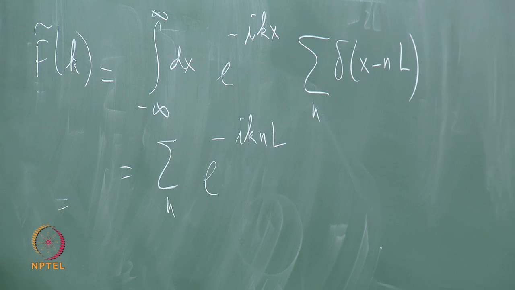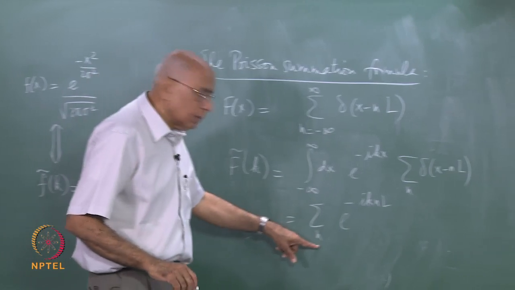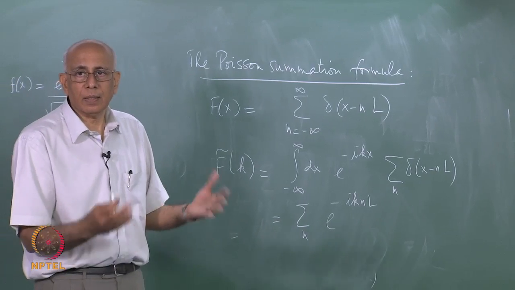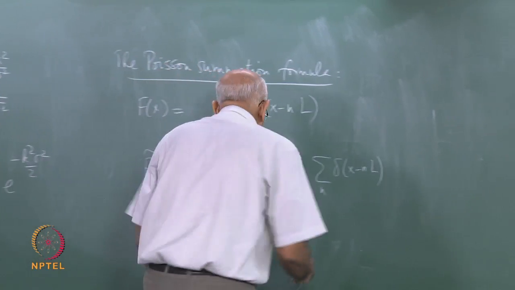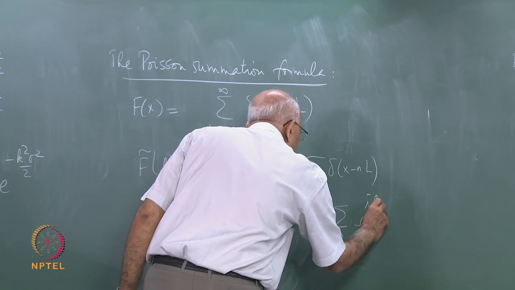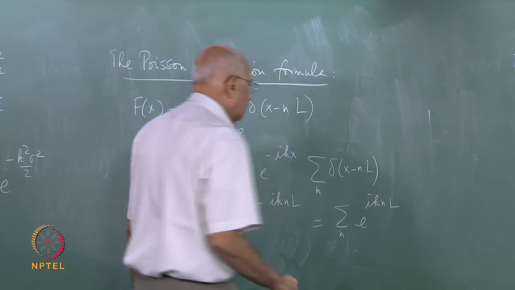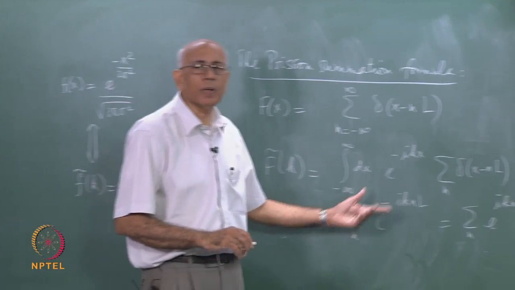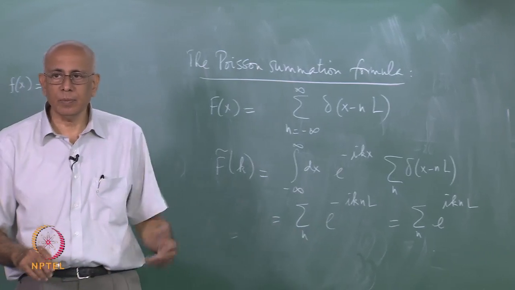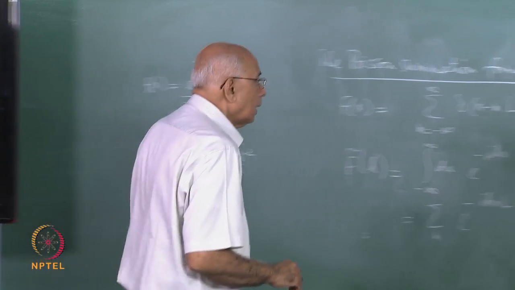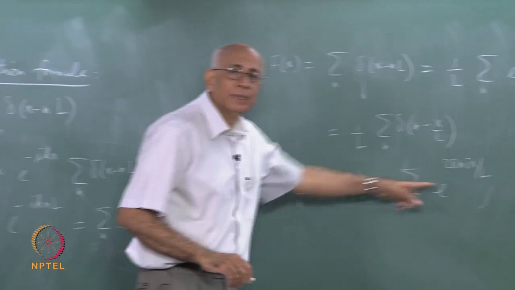Okay. But since this sum is from minus infinity to infinity, I can change n to minus n and the sum does not change. So this is also equal to summation over n e to the i k n L, just by changing n to minus n. And now I would like to use this formula.